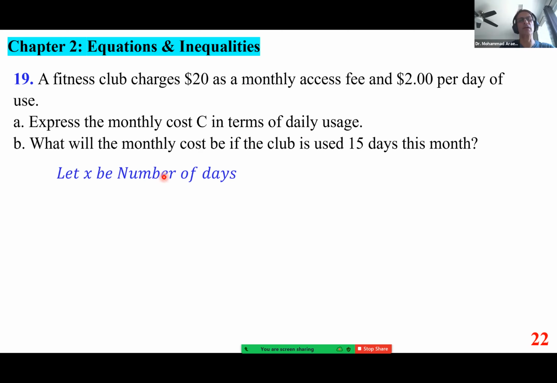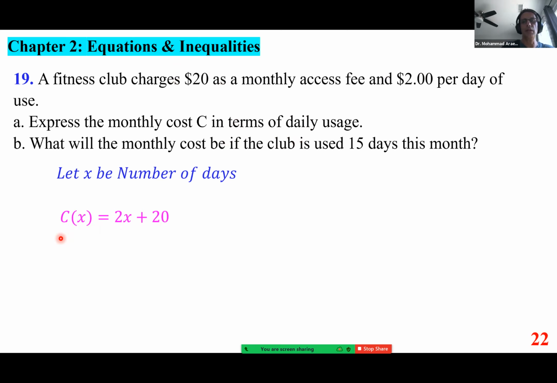So let's say C of x, it has a daily cost of 2x, so each day 2x, and then a fixed cost of 20. So it's important to know 2 is the variable cost, which is the slope, and 20 is a fixed cost, which is really the y-intercept, in this case, the C-intercept.